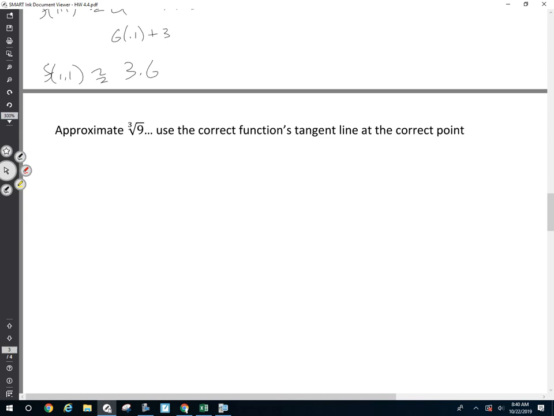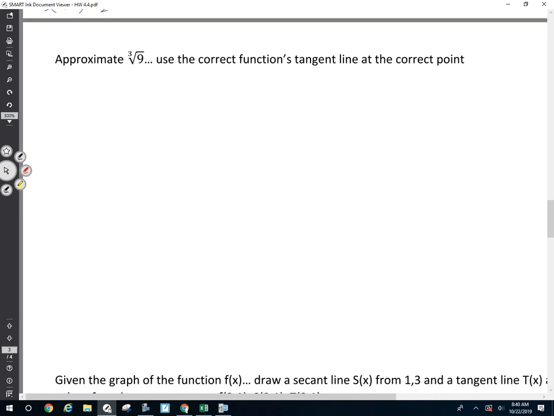That's the key to tangent line approximation. All right. Approximate the cubed root of 9. Use the correct function, tangent line at the correct point. This is great. You need to be able to understand the function to use and the point on the function to use. I should be using the cubed root of x, that function. And there's one point that I know the cubed root of that is close to 9. 8.